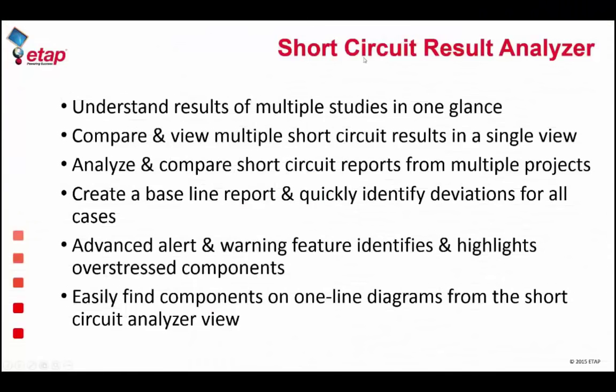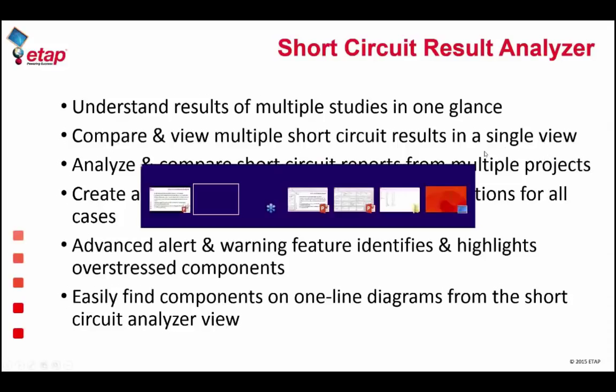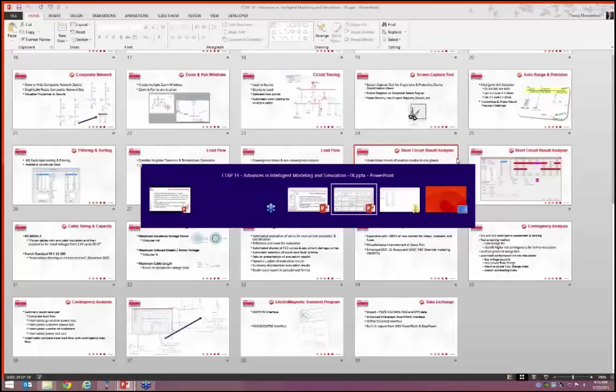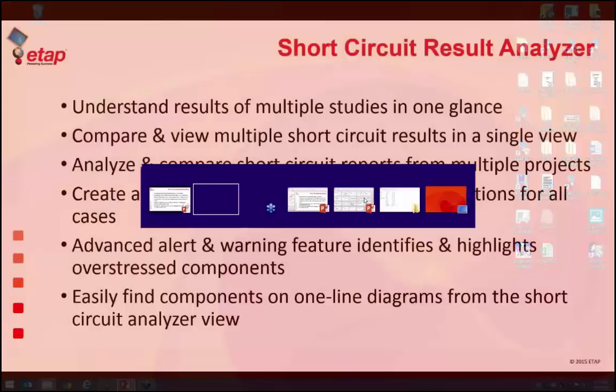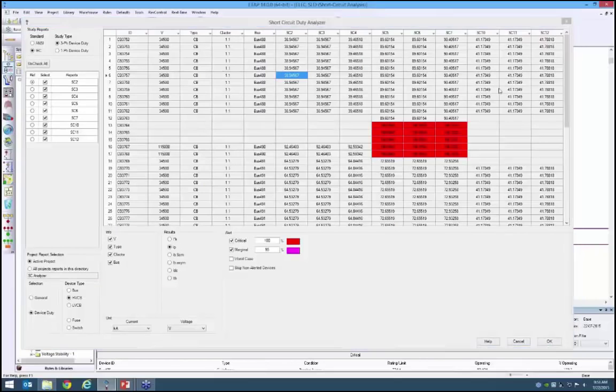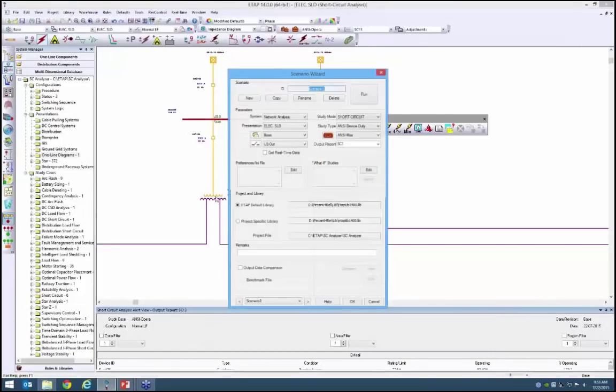So in summary, the short circuit result analyzer utilizes multiple reports and compares those multiple reports into a single view. You can obviously expand on the usage of the analyzer by combining it with the scenario or the study wizards.